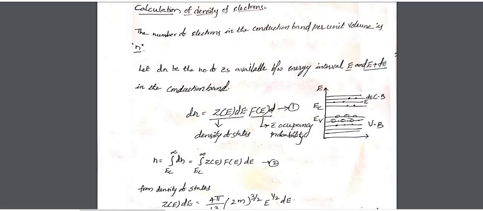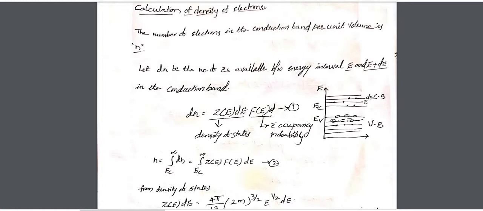In those energy levels, how many electrons are occupied, that is represented by F of E, where F of E is the Fermi-Dirac distribution function. This is for a small area, that is dN.